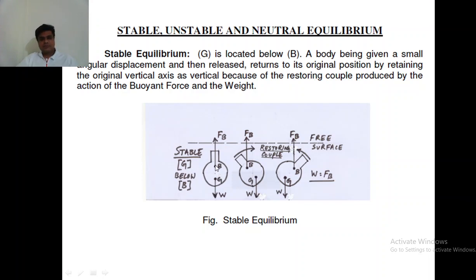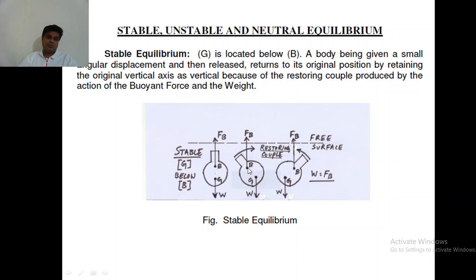If I give a twist to the object, suppose I twist it slightly to the left, some angular displacement in one direction, what happens is B will move this side and G will move this side. You can see B and G are not in the same line now.